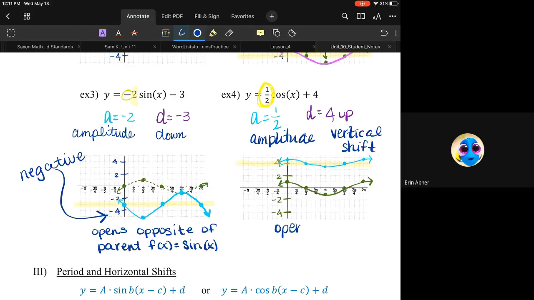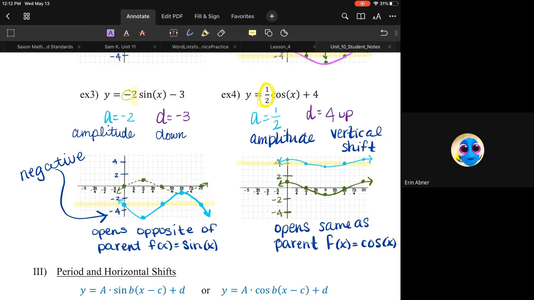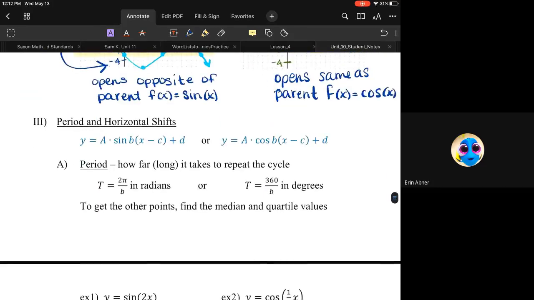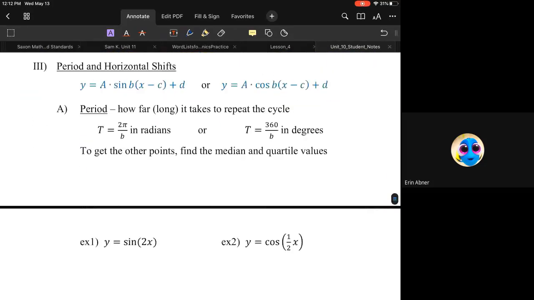So open, same as parent function cosine of x. Done. All right, so we will look at period shifts in the next video.